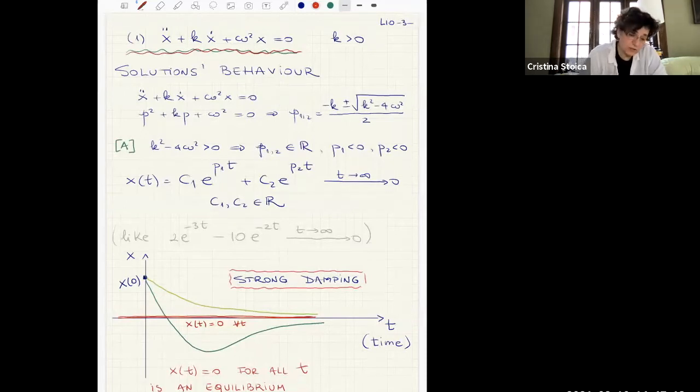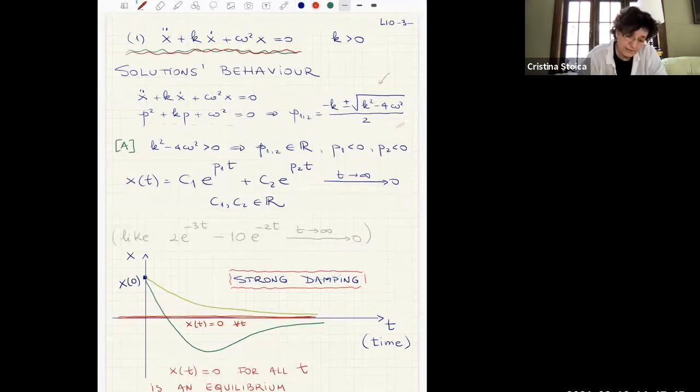And how these were solved: we were building the characteristic equation, finding the roots, and depending on whether these roots were real or complex, we had different solutions. So here, this is the solution written, the roots of that quadratic written in general, and now we have to consider cases.